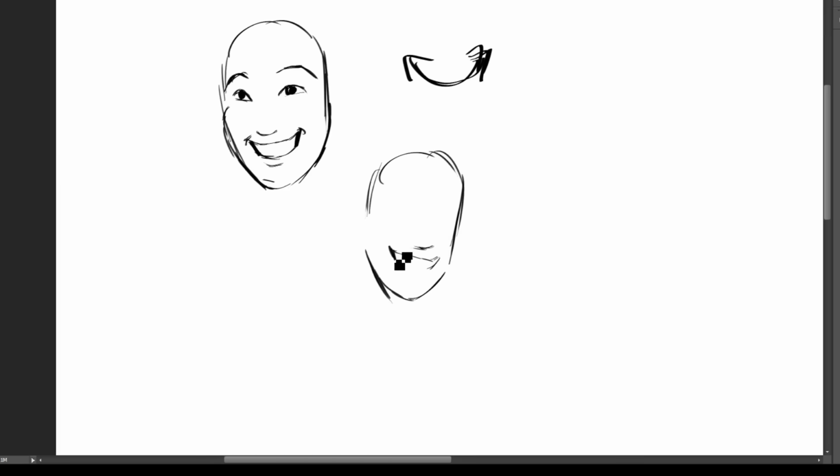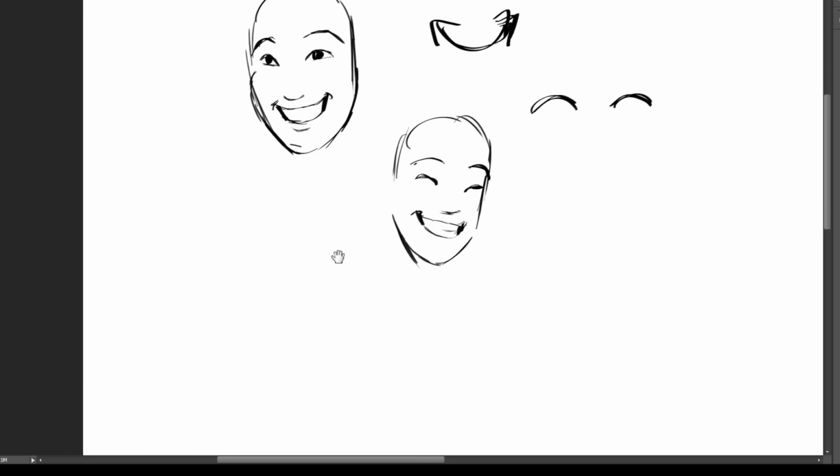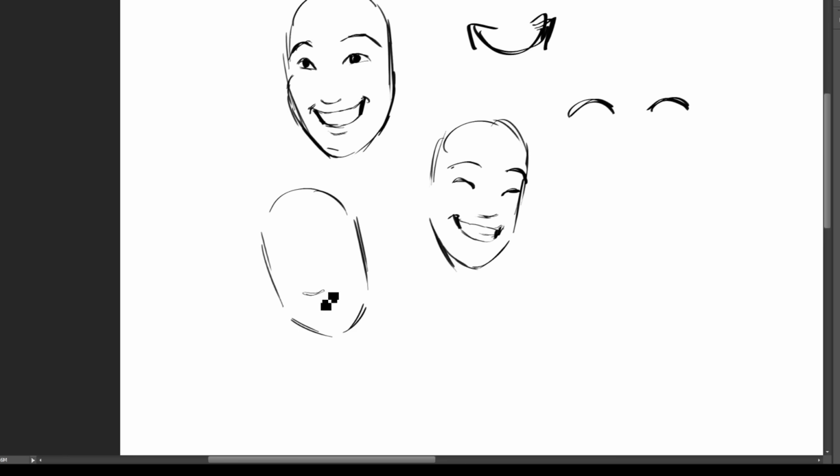So if I were just to draw a big smile with just the teeth, you don't really see the eye open. And when I'm thinking about the eyebrows for the happy expression, it's really raised high up and it's really happy. Sometimes the happy expressions can be really, really subtle. And then the eyes themselves could just be relaxed.